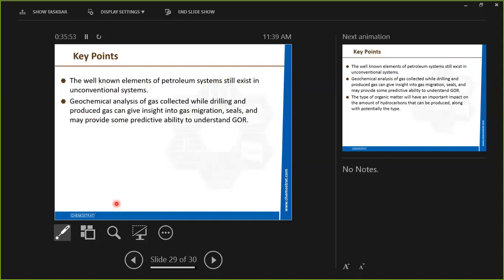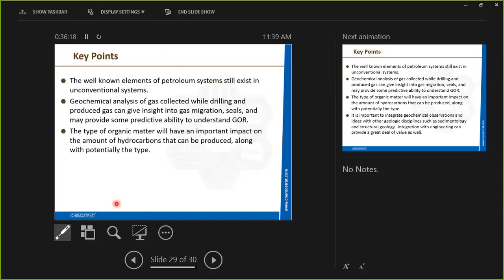That may help you understand whether you want to go horizontal, or whether you want to go back to intervals later on. You may also get some insight into seals and whether you have some concern about them being breached, and that might be a big risk factor depending on the type of system you have.